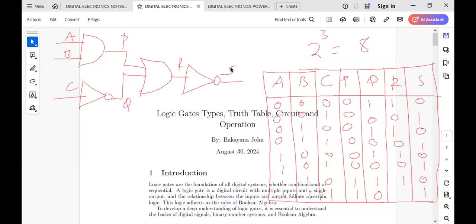P and Q, we are adding them. We have 1 plus 0. P is 1, then Q was 0. So it gives 1.